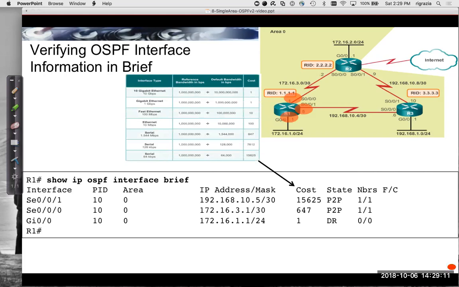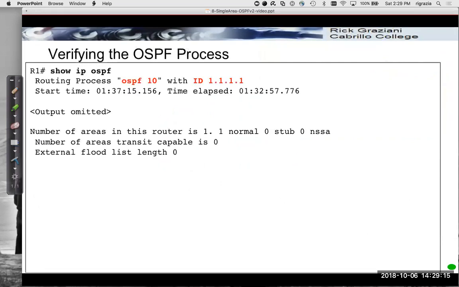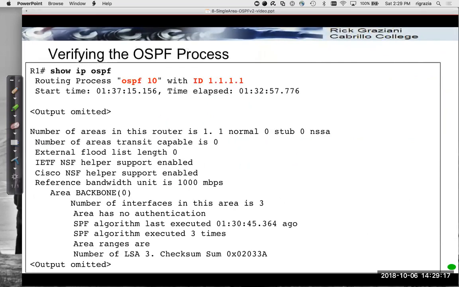And the show ip ospf command gives us information about the OSPF process, including the process ID, the router ID, and some other information here. Some of this we'll talk more about when we look at multi-area OSPF. But we have information there like the last time the SPF algorithm was executed and how many times it was executed. Cool stuff.